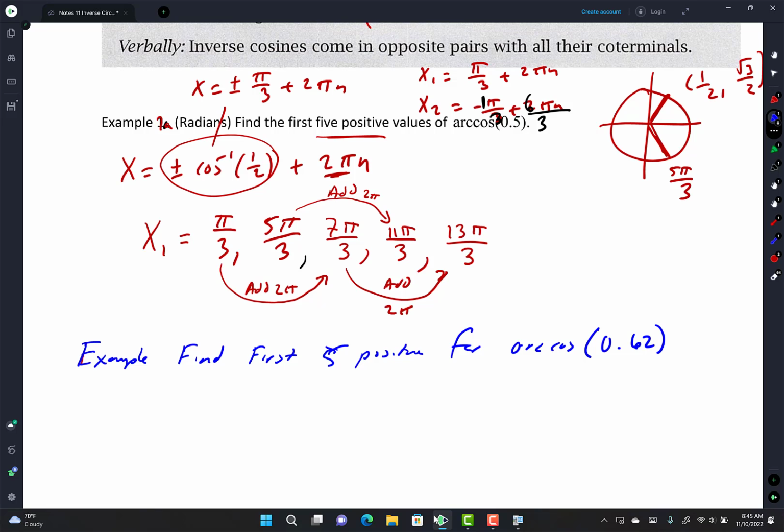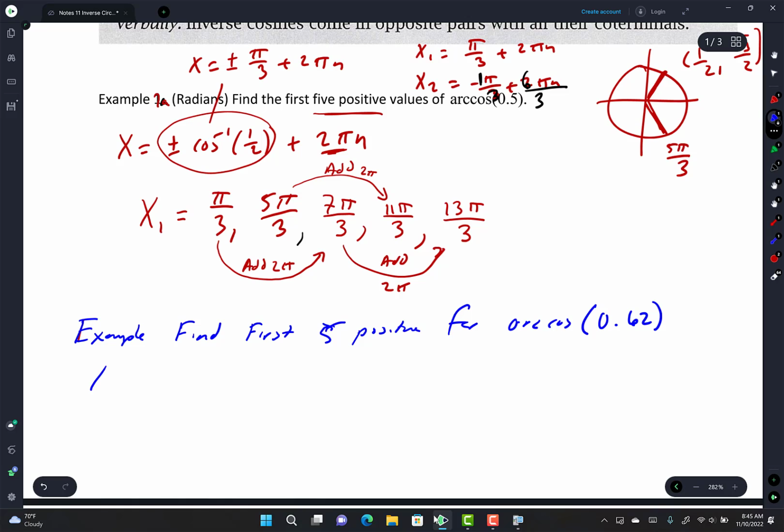Okay, I already wrote it. All right. Is that a perfect coordinate? It is not. So this one you're going to go plus minus inverse cosine of 0.62 plus 2 pi n.